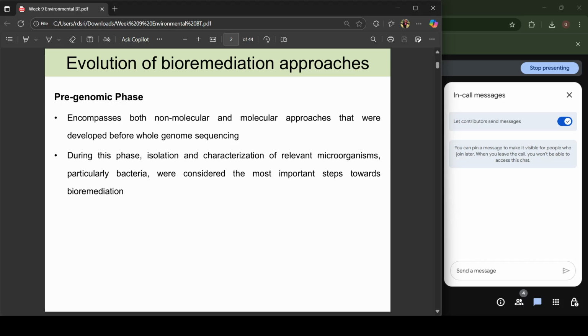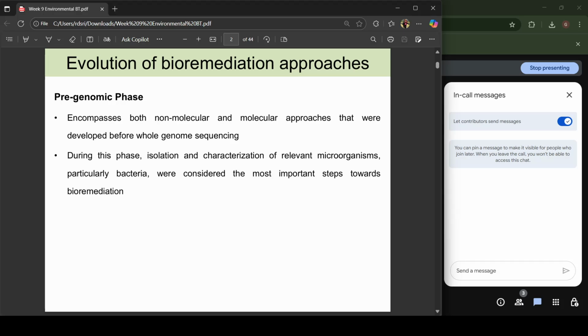The application part that is derived from that understanding is what we are now discussing as bioremediation. People studied the environment to develop processes that can act as bioremediation approaches, because they saw some pollutants and found the importance of treating the particular site.